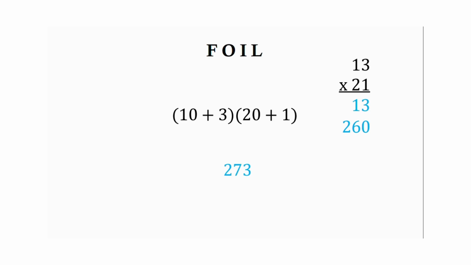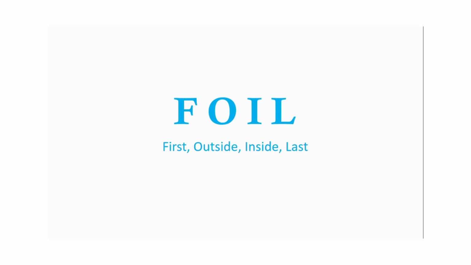So 273 there, and let's finish the column method here. 3 plus 0 is 3, 1 plus 6 is 7, and 2. So we got 273 using the column method and using the FOIL method. That's FOIL: first, outside, inside, last.